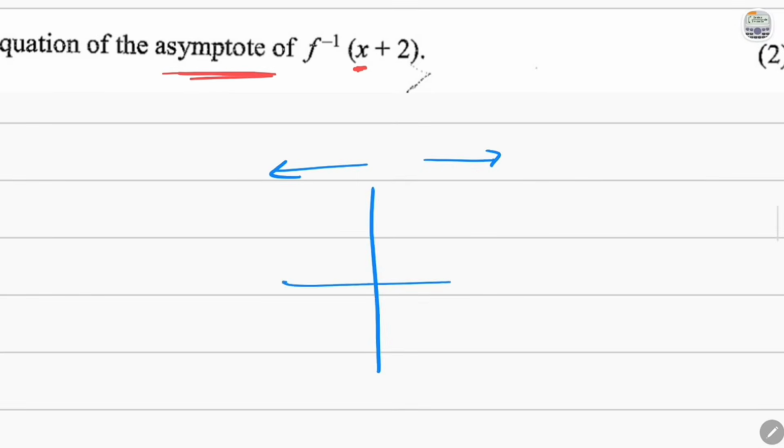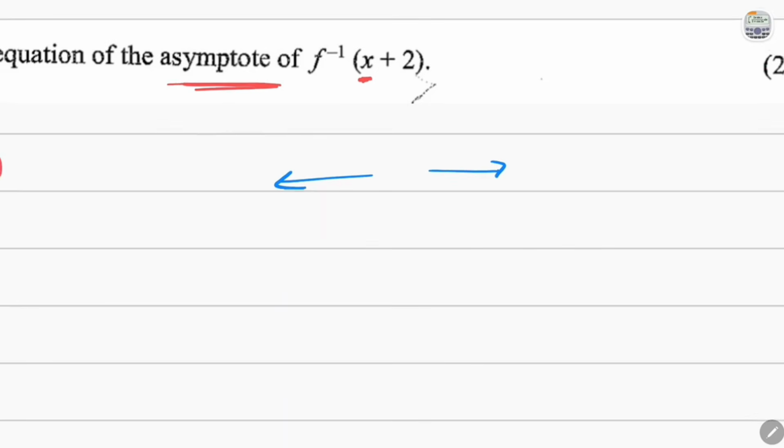If you have a point, let's say 1 and 2, and I say let's move this point 2 units to the right, if you go from this point of 1 and you go 2, 3, you have a new point at 3 and 2. Do you see that the only thing that changed was the x value? The y value is still the same. So left or right movements only affect the x. So let's just translate what happened. We said x plus 2. So if you move to the left, you add.